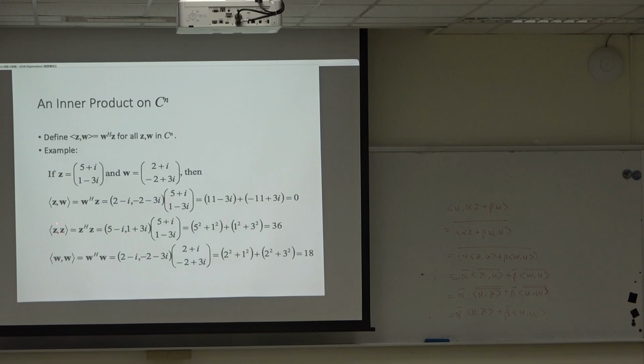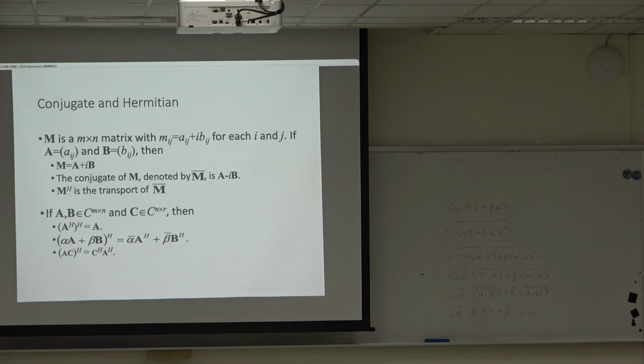So if you want the length of Z, it's actually 6, because it is the square root of Z inner product Z. And W inner product W is W^H W. If you do this calculation, it's going to be 18. So this is pretty straightforward.